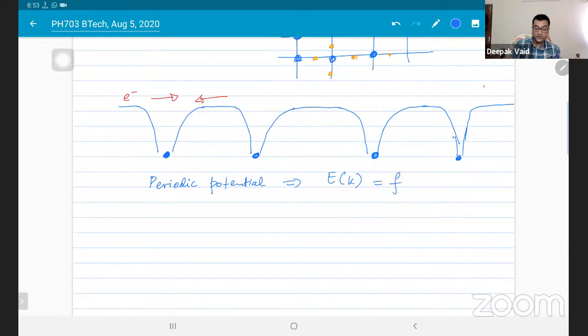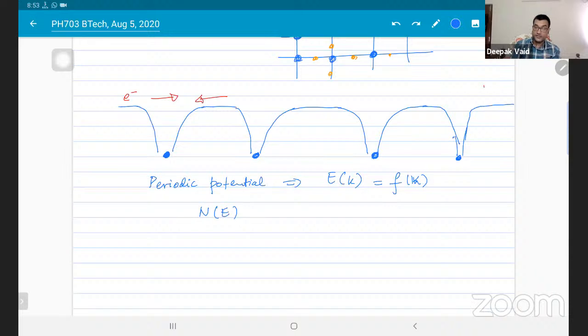So this will be some function of K, or you can just write it as some function of E also. And so then you can write N of E, right? This will be some non-trivial function.